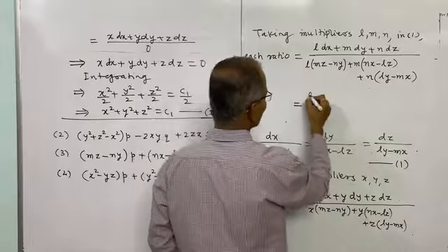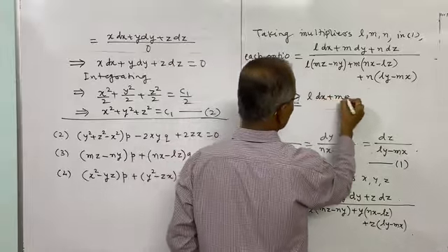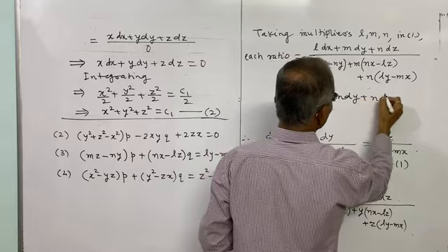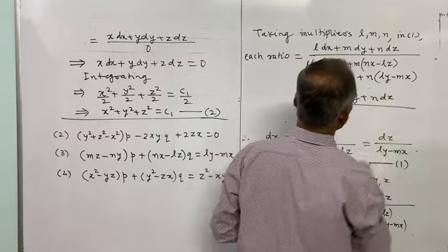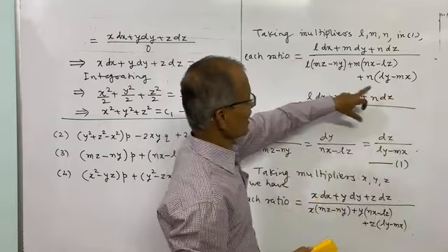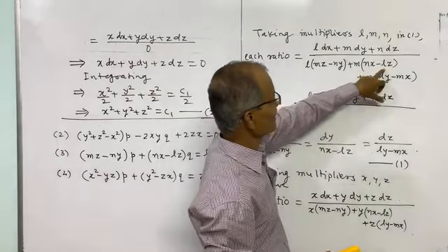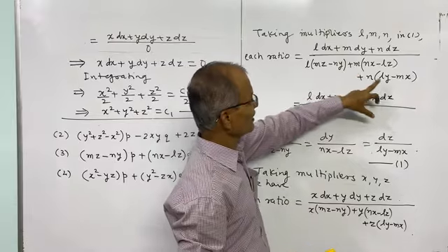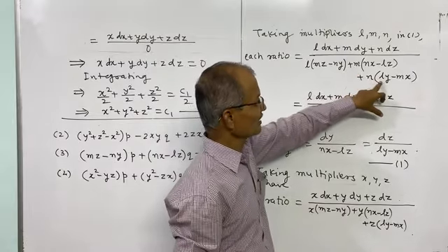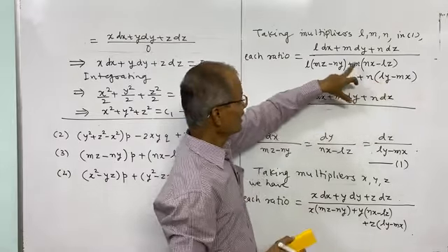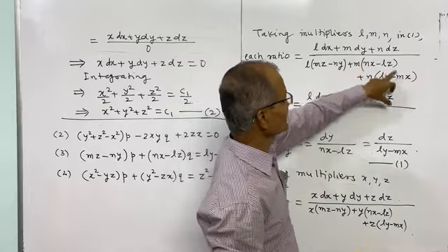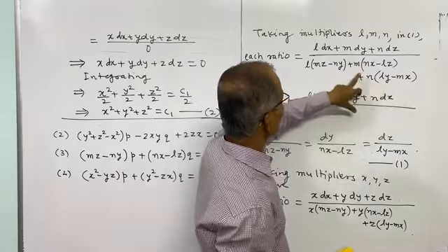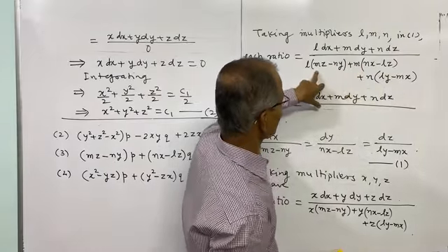Now you can observe the denominator. See what the terms are. It is LMZ, and this is minus LMZ. This is minus LNY, and here it is plus NLY. That cancels, and minus MLZ, and plus LMZ cancels.